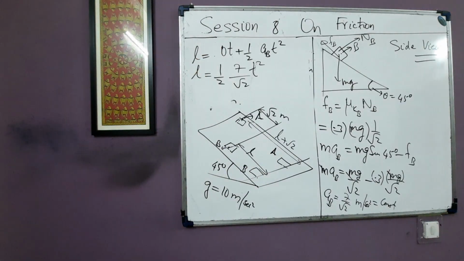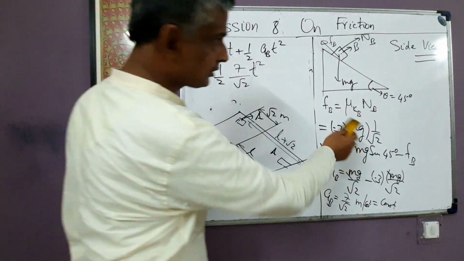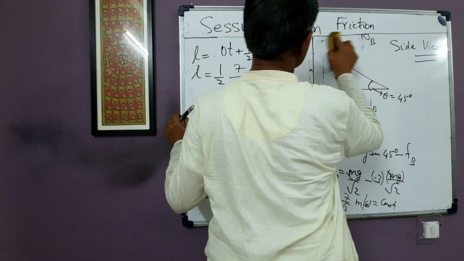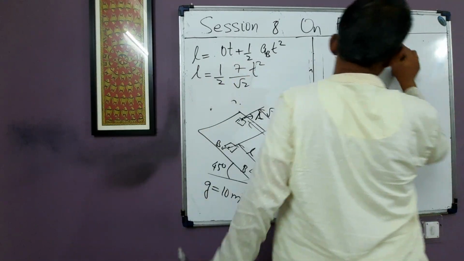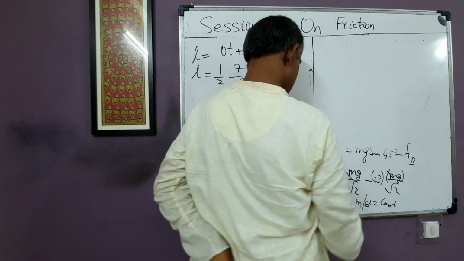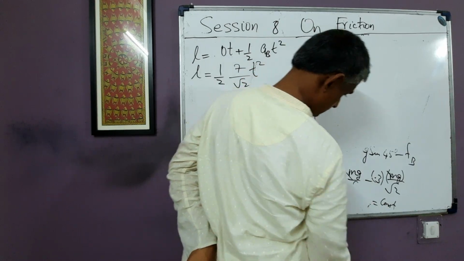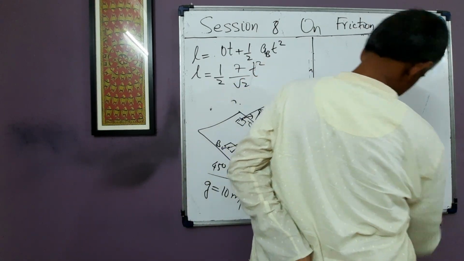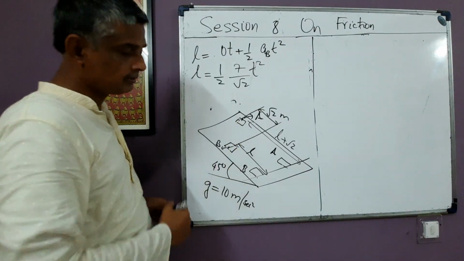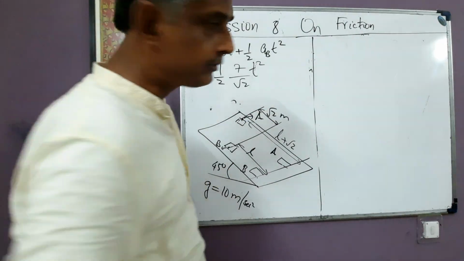Now I repeat the same thing for block A. I draw the FBD of block A in the side view.